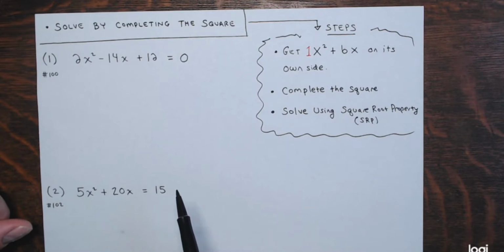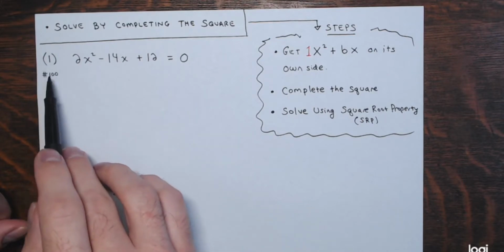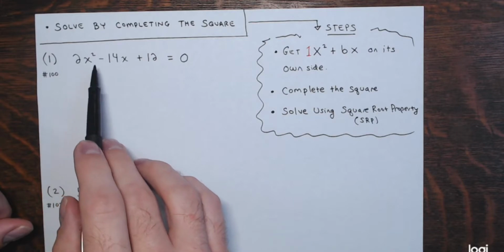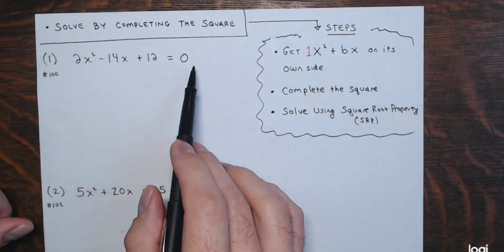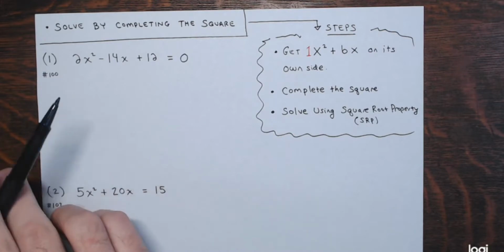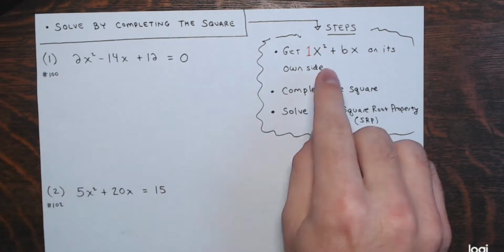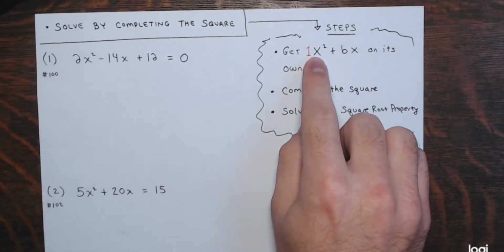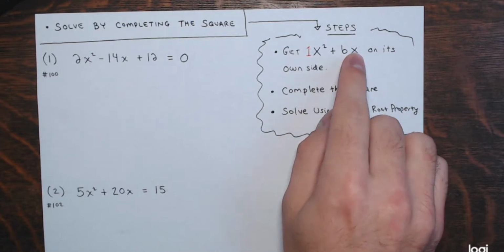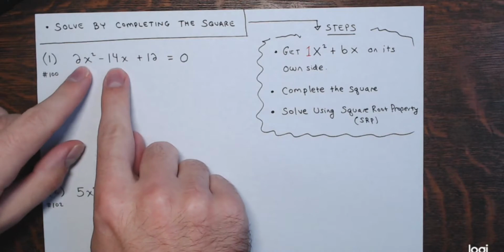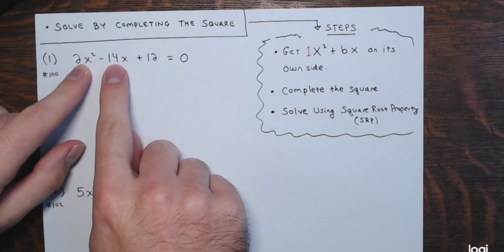Alright. So for number 1, we have 2x squared minus 14x plus 12 equals 0. I want to get the quadratic term and the linear term on their own side. So the 2x squared, right, that's the quadratic term, the squared term, and the negative 14x.